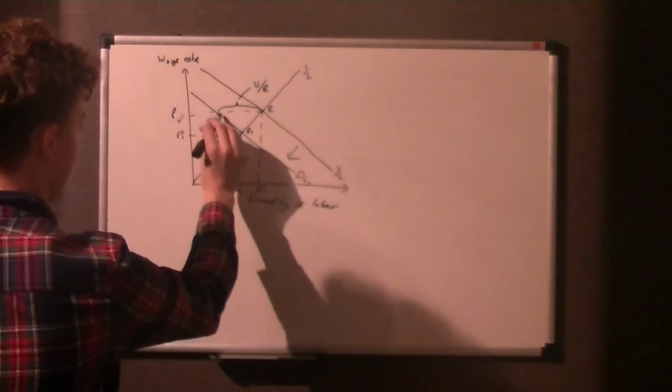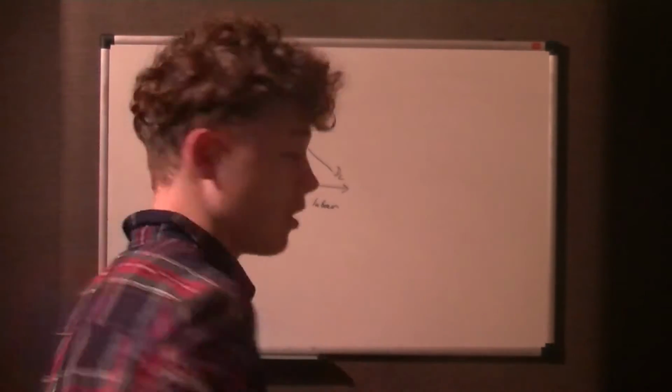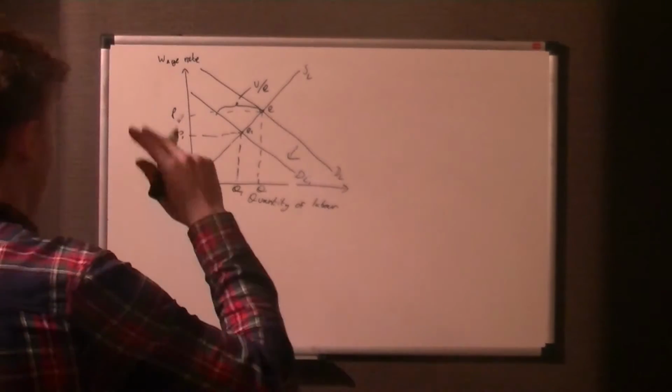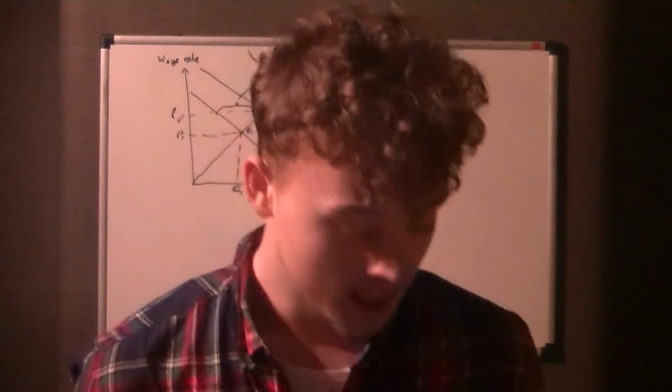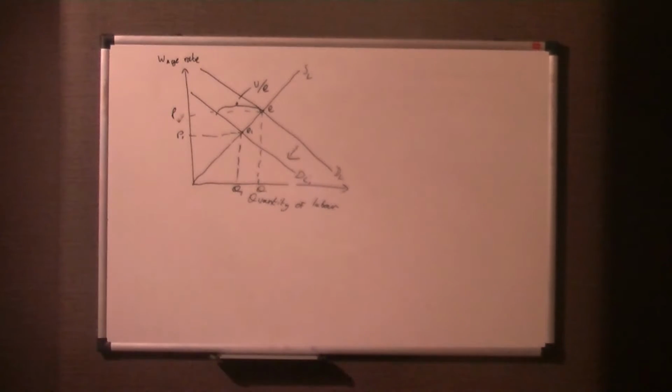And the workers' trade unions will want to say, yeah, we'll keep the wage rate the same, but the demand curve has shifted. So that will indicate that the workers will eventually have to acknowledge that they are going to work for a lower wage rate, and that they don't have a choice or say in the matter.